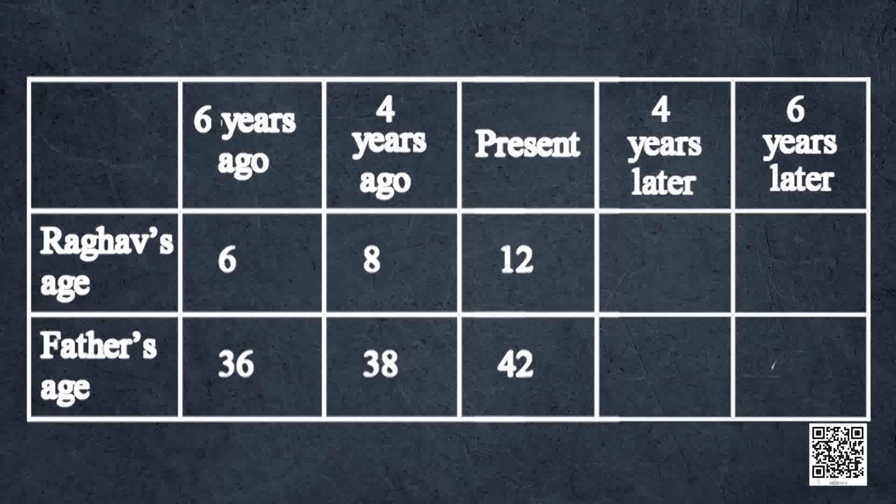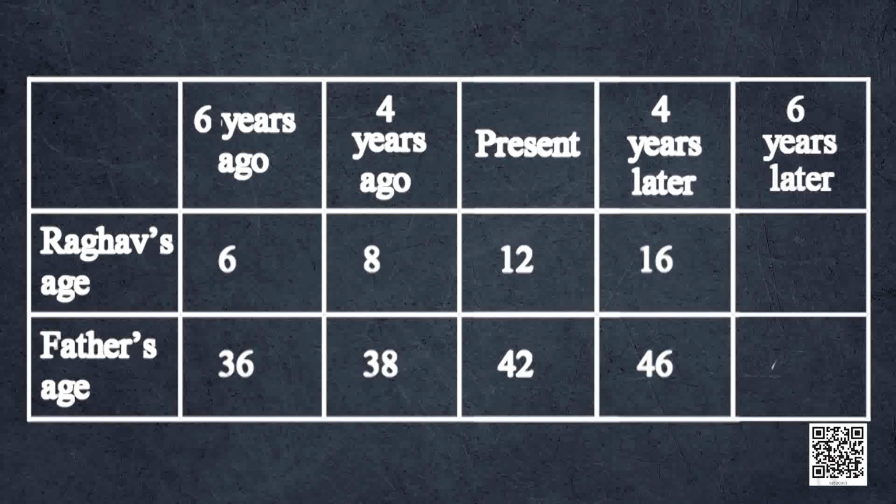Now, to find out their ages 4 years later, what should we do? Very good. We have to add 4 to their present age. So, we will get it as 12 plus 4, which is equal to 16 years, and 42 plus 4, which is equal to 46 years.